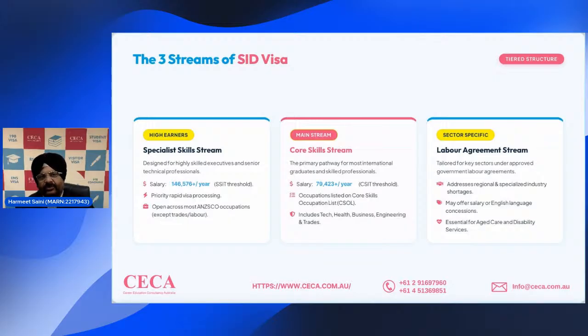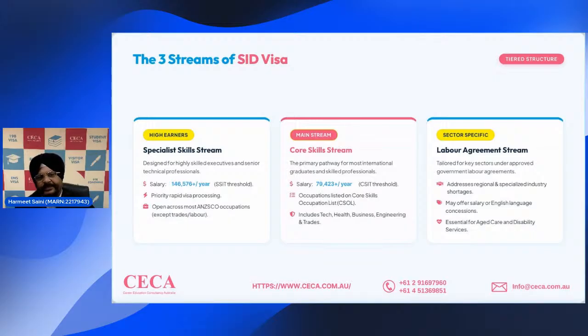Your occupation must be listed on the skilled occupation list, which is called the CSOL list, and it includes technology, health, business, engineering, and trade. So all sorts of occupations are listed on this stream.